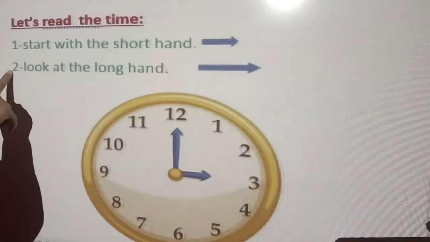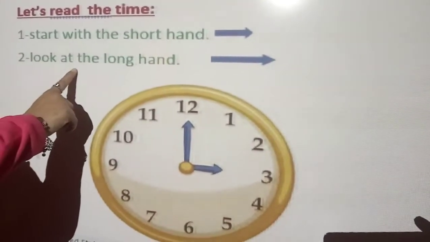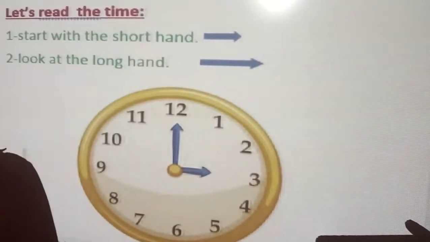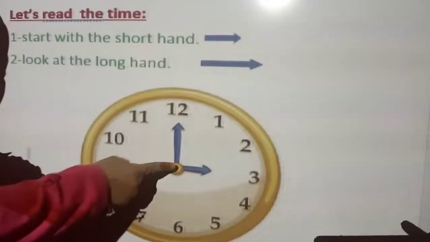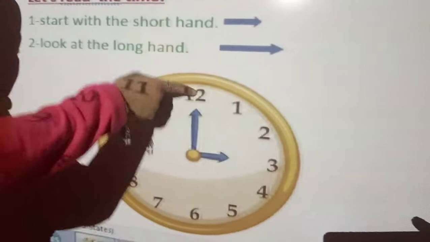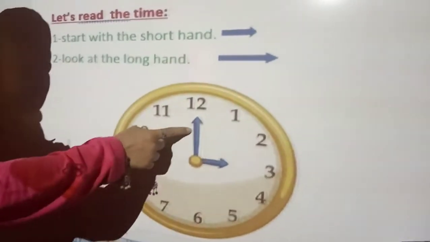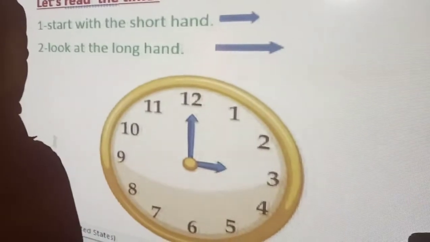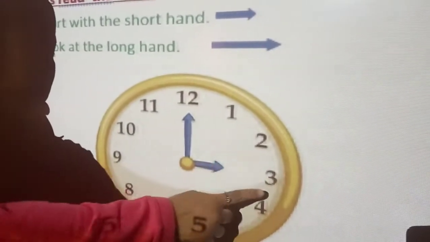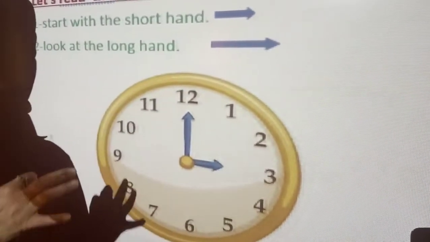Number 2. Look at the long hand. Where is the long hand? Here. Super. It points to 12. It means 3 sharp.